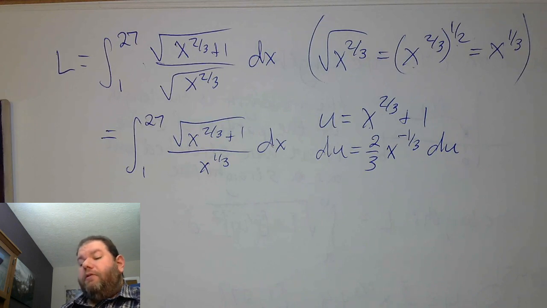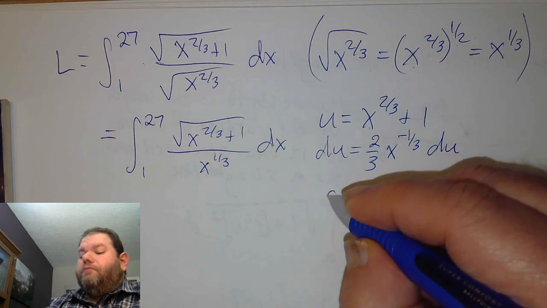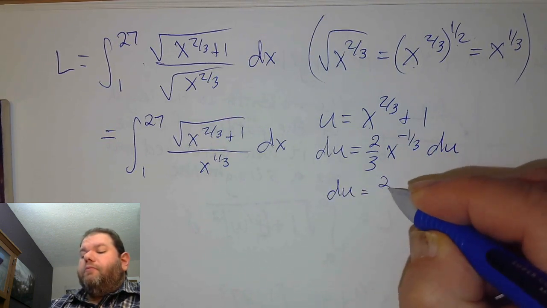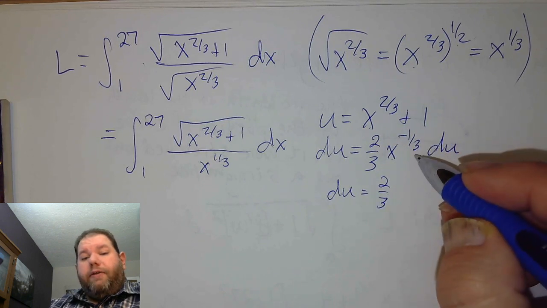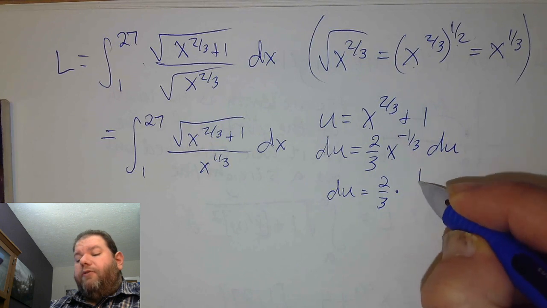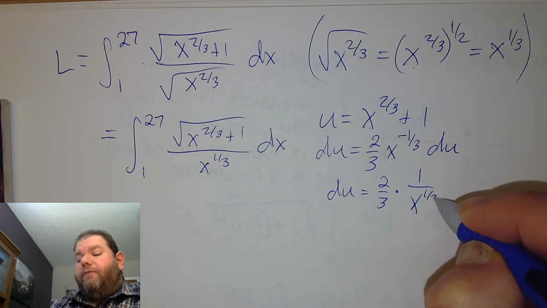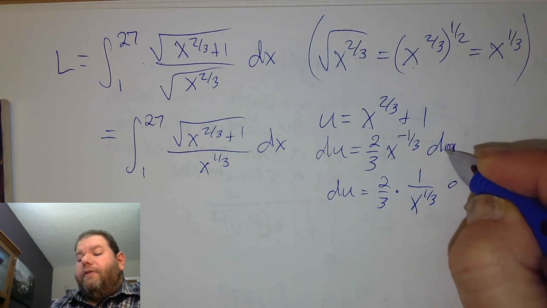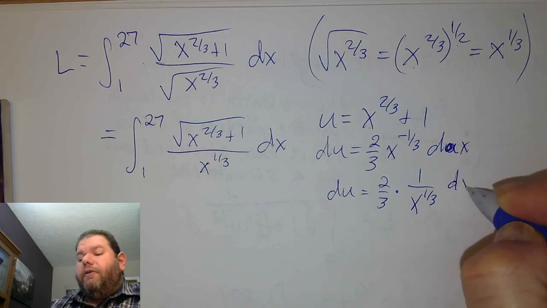Okay. Now, x to the negative 1/3, that has a negative exponent, so we can think of it as 1 over x to the positive 1/3. This is dx, I'm sorry, dx here.